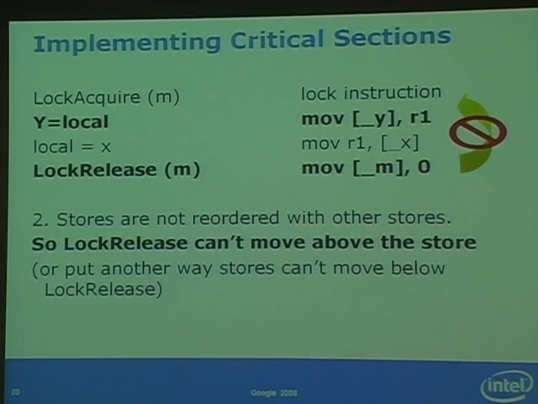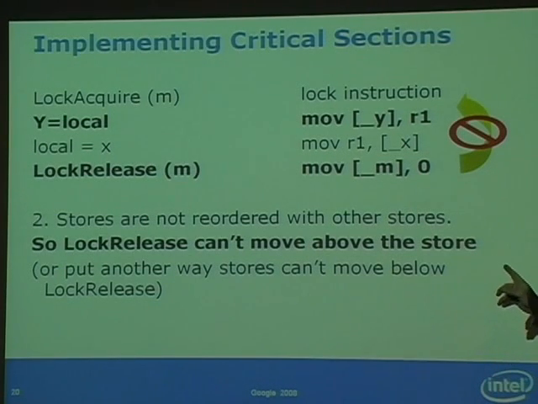So let's now talk about not escaping out of the bottom of a critical section. One of the legacy issues that we ran into is that people were using a simple store instruction to release a lock. There wasn't a situation where you had a lock instruction at the top and a lock instruction at the bottom.